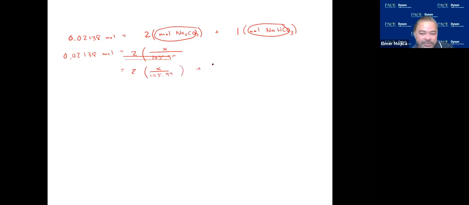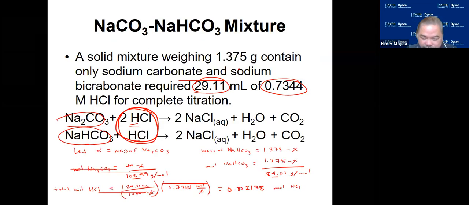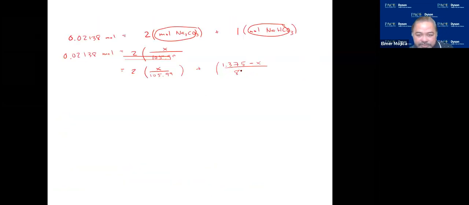Then this one will be 1.375 minus X over 84.01. So that's the setup that I have.